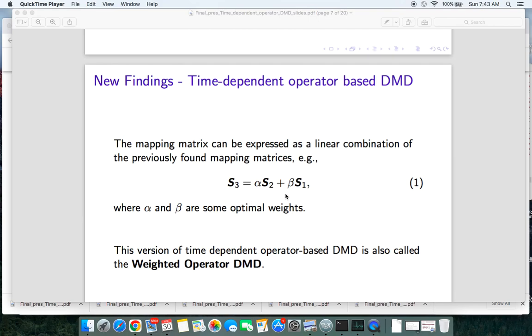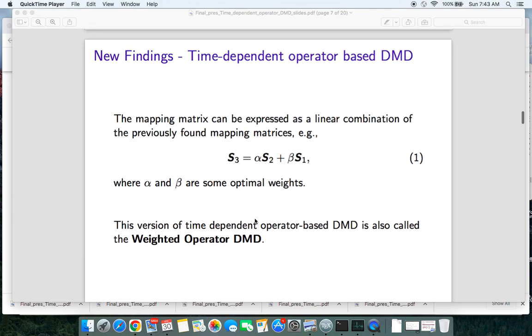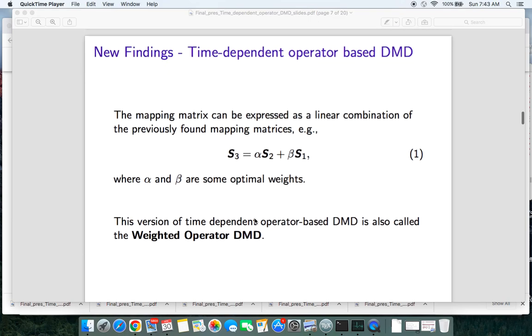And alpha and beta are some weights. This version of time-dependent operator-based DMD is also called the weighted operator DMD. So we're trying to weigh the already found mapping matrices in order to come up with a new mapping matrix.